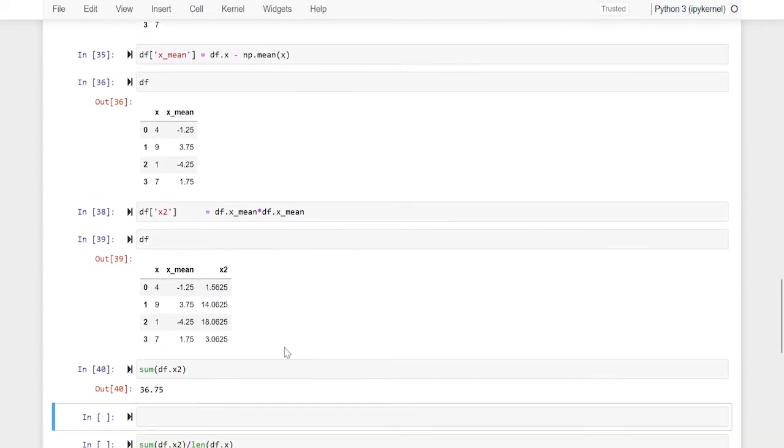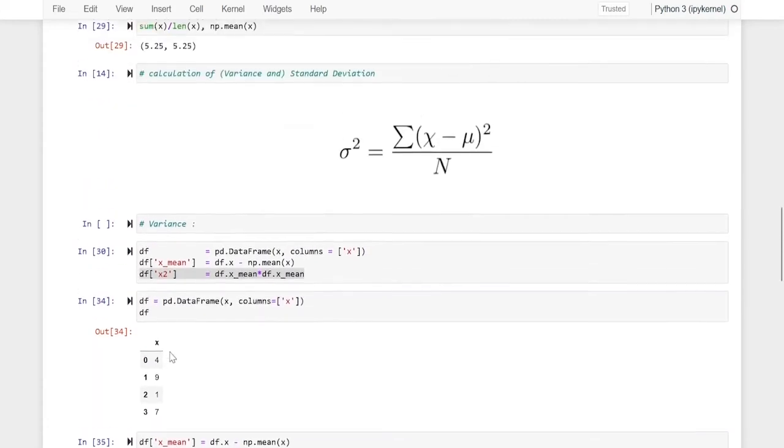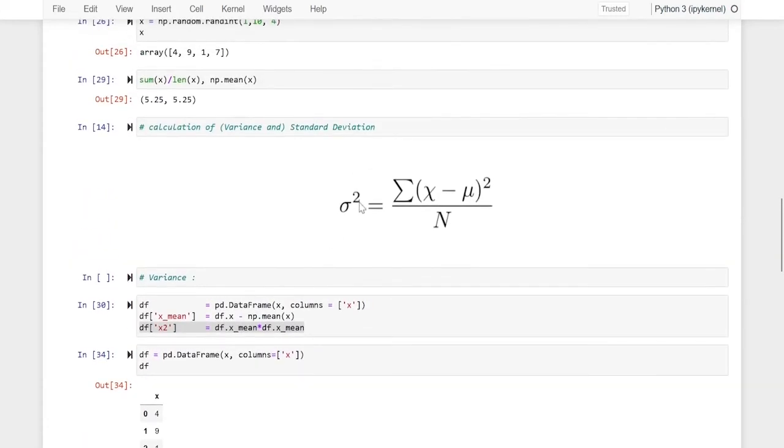We will say, go and divide it by the number of numbers, that is 4, right? What we get? 9.1875. And what is that? Sigma square. This is nothing but variance. And we will take the square root of that number, that will give us standard deviation.